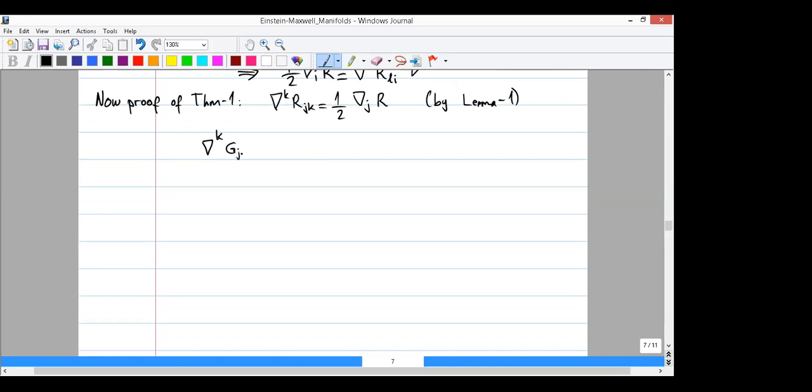We take the covariant derivative of the Einstein tensor, divergence of G_jk, which is ∇^k R_jk minus ∇^k of the scalar curvature. I am using R for that, times G_jk.